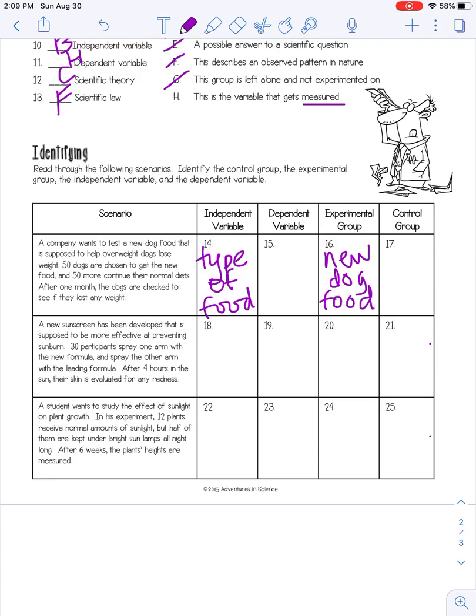And the control group is going to stay on their normal diet, whatever that was. Okay. So then let's look at what it is that we're going to measure. We're going to check to see if they lost any weight. So what is the thing that they are measuring? They are measuring weight loss.